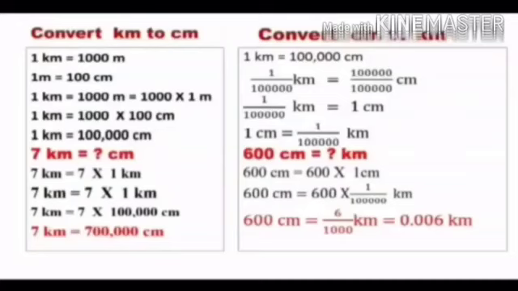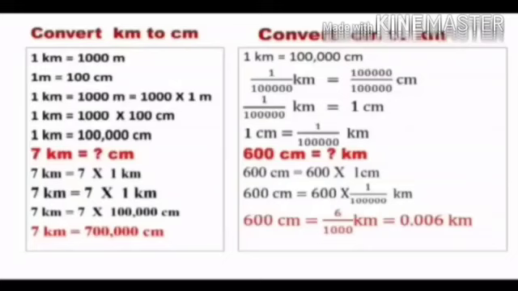As we know, 1 kilometer is 1000 meter. Also we know 1 meter is 100 centimeter. We need the relation between kilometer and centimeter. We replace meter in terms of centimeter.